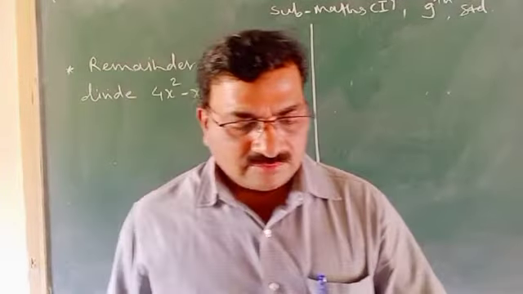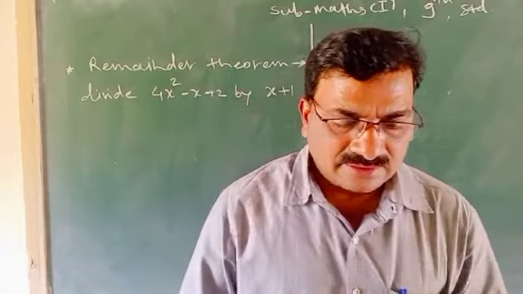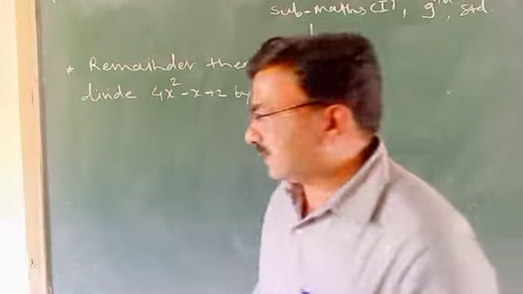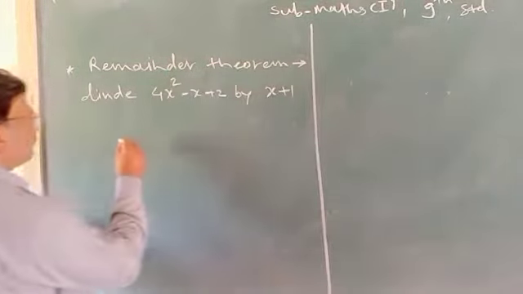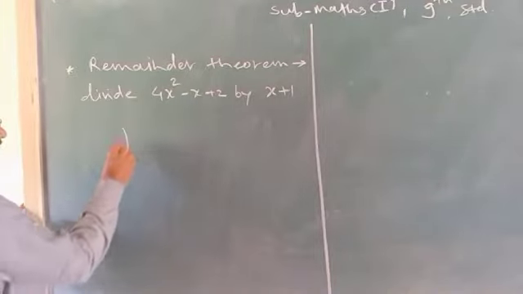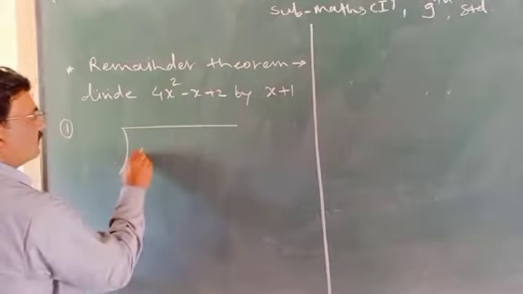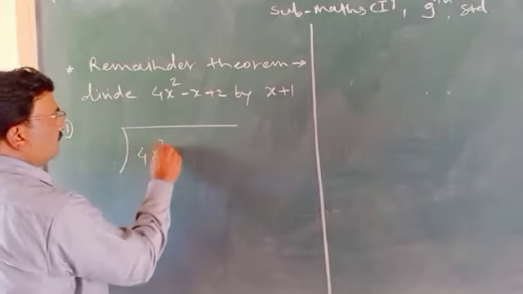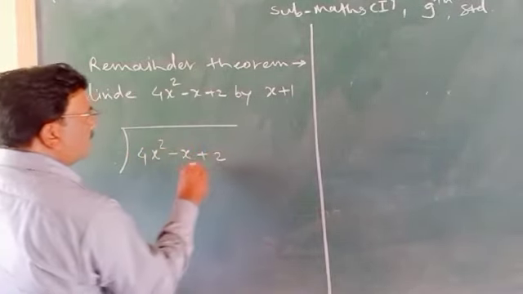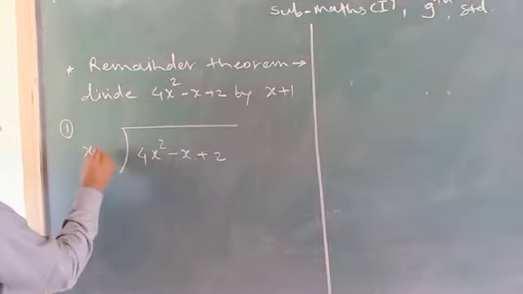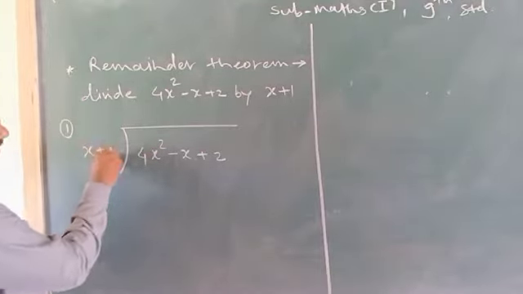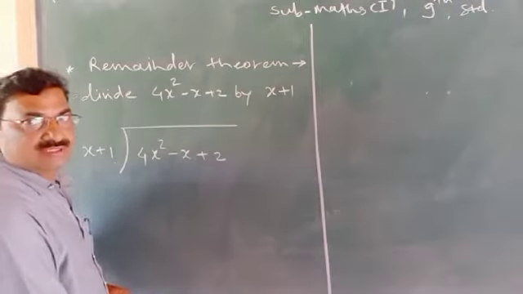Then by the regular method, we will carry out the division. First method: 4x square minus x plus 2 is the dividend, and the divisor is x plus 1.